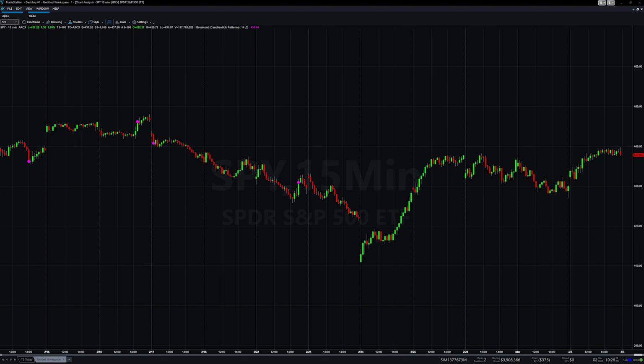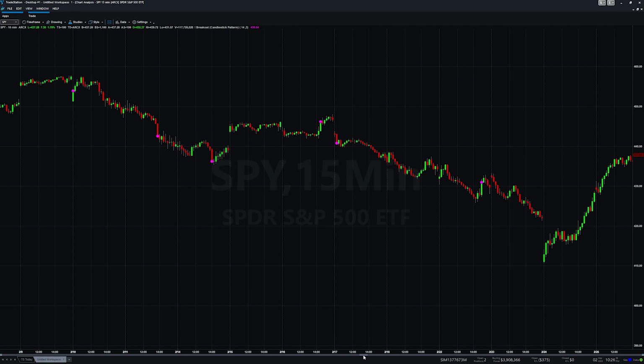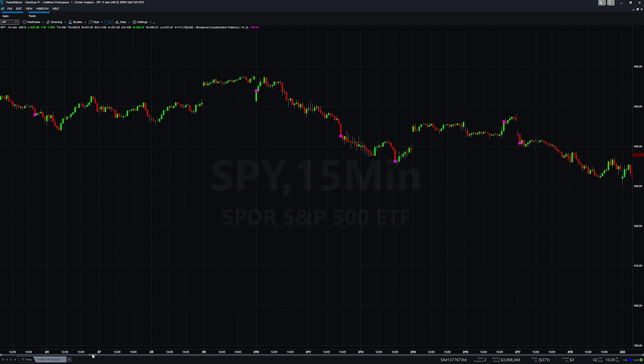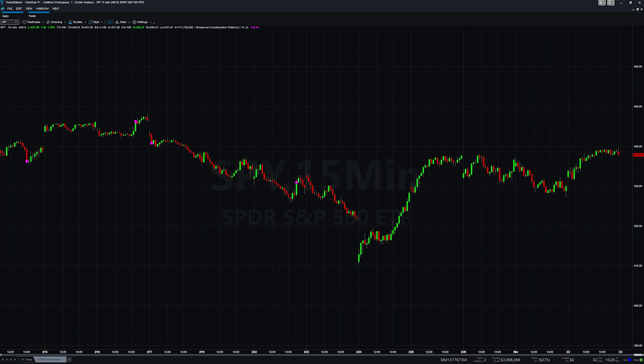And as you can see on my chart, I just resized it a little bit. We have these magenta dots showing up whenever we have a larger than normal candlestick. So let's dive into the code and I'll show you what we did.